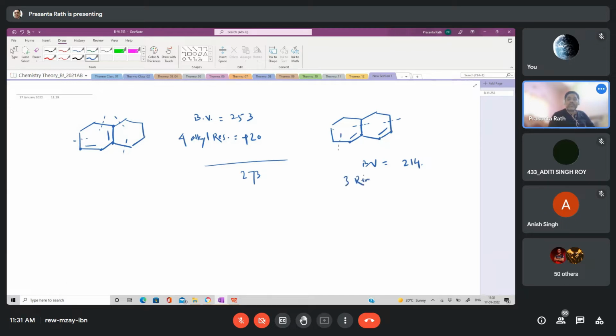So 3 ring residues, that is +15, and this is one exocyclic double bond. If you number it as A and B ring, this is an exocyclic double bond with respect to ring B. So one exocyclic double bond with respect to ring B, that is +5. Nothing more than that. So this is 234.